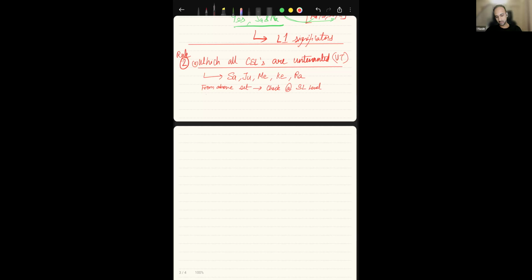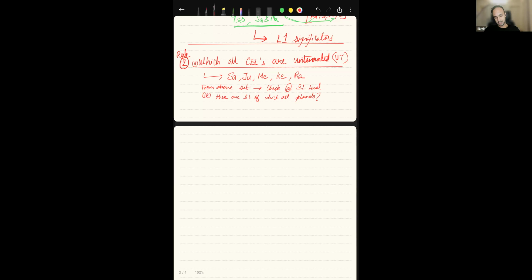That is basically, these are SL of which all planets. Obviously, they can't be NL, right? That's what UT means. So they are SL of which all planets. So we're going to take it one by one, correct?